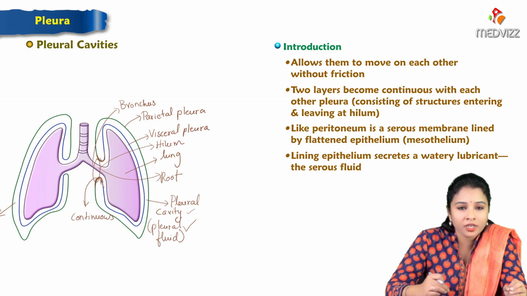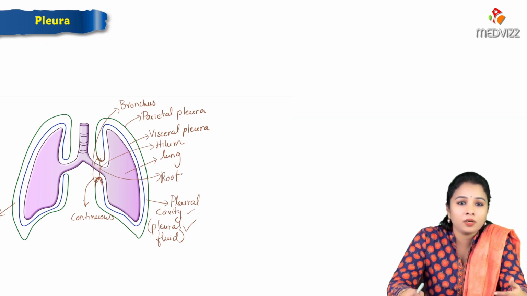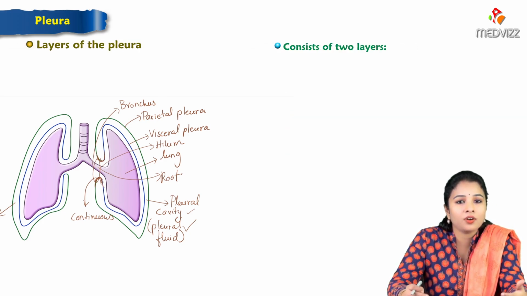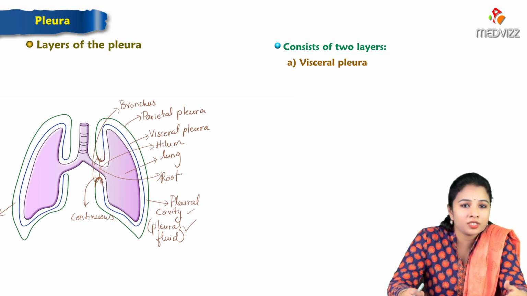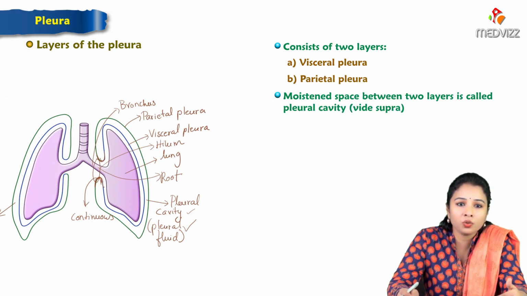So between the two layers, the thin serous fluid is present, secreted by mesothelium. The pleura has the visceral layer, called visceral pleura, and the outer parietal layer, parietal pleura, and the moistened space between the two layers is called the pleural cavity, which is filled with the pleural fluid.